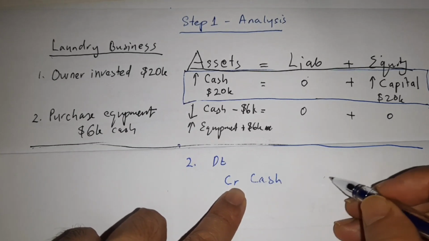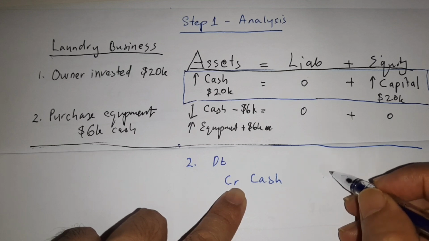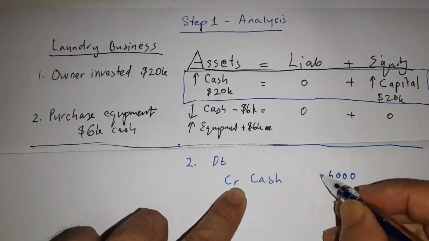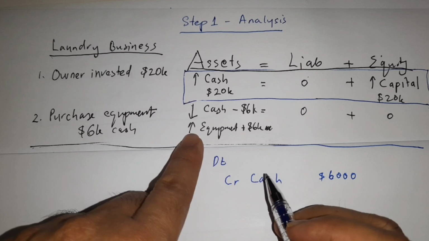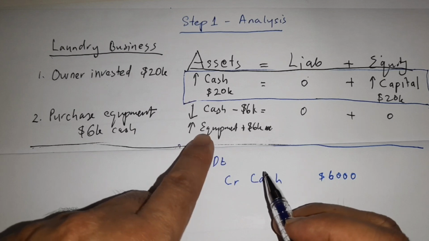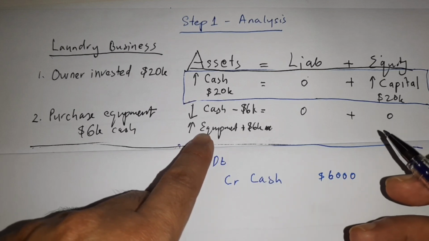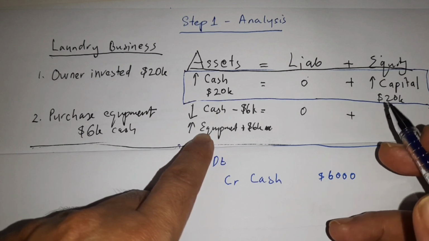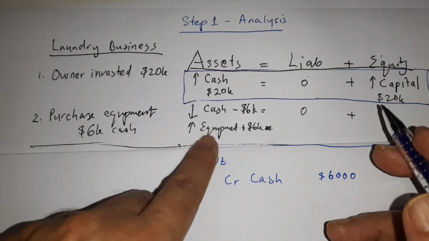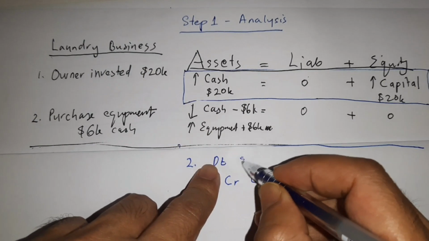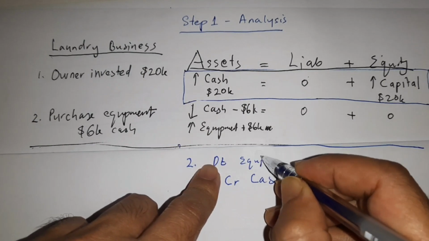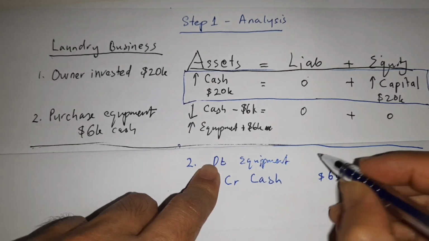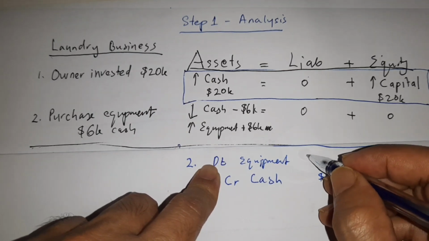The amount is 6,000. And then asset equipment increases. Asset increases, you have to debit or credit? Refer to the rule of debit and credit. Asset increases, you have to debit. So debit account equipment 6,000.